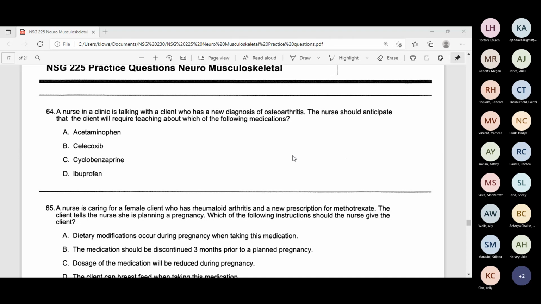And the other medicine, cyclobenzaprine, is a muscle relaxer. And with a new diagnosis, maybe if it was more advanced or we've tried that already, but trying acetaminophen would probably be the best bet.